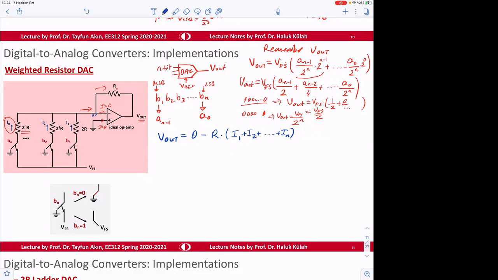And what is I1? I1 is going to be this current, conditionally the value of B1 times V full scale divided by 2R.